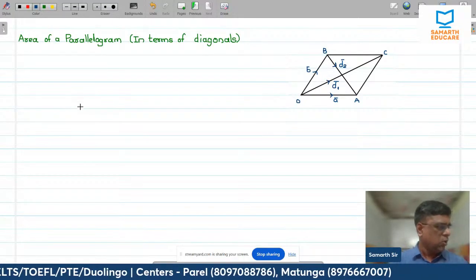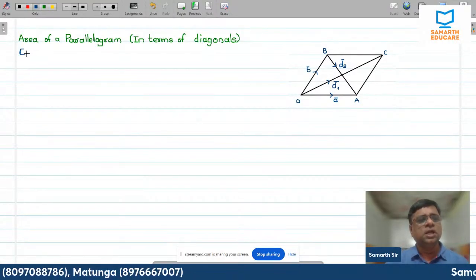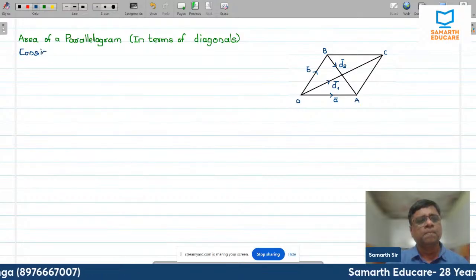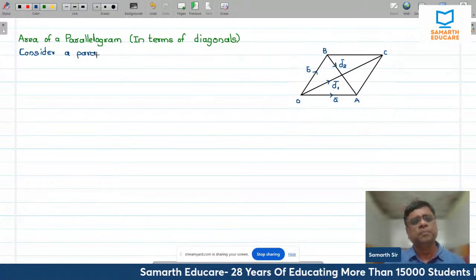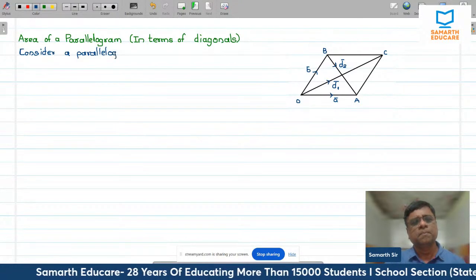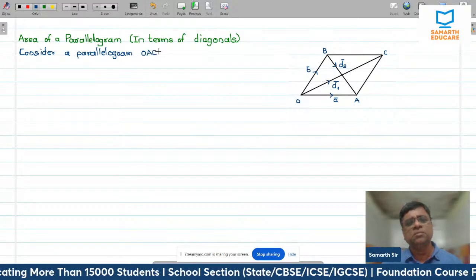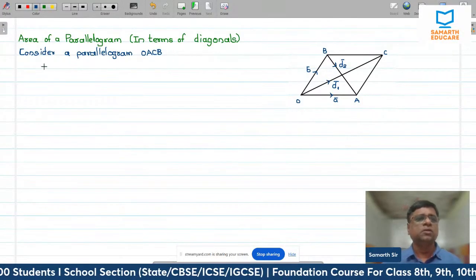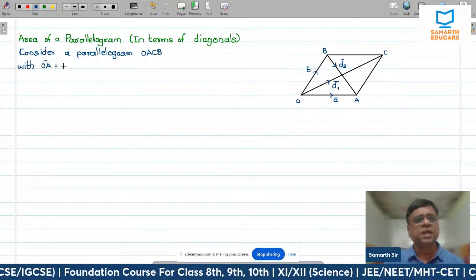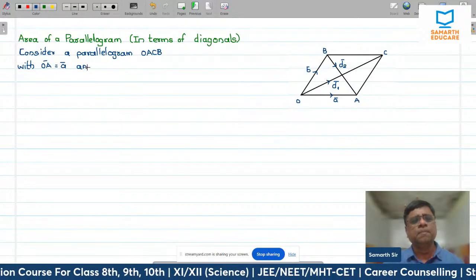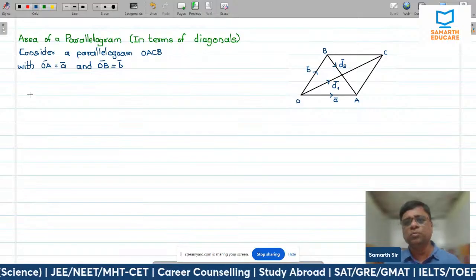All right. Now, let me consider a parallelogram OACB as usual, with OA bar equal to A bar and OB bar equal to B bar.